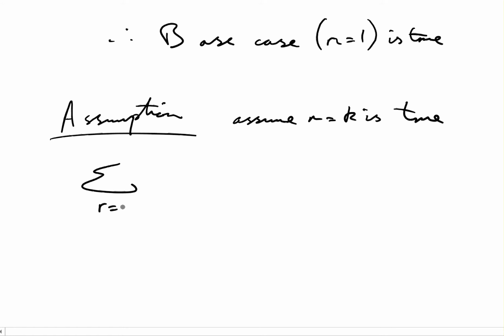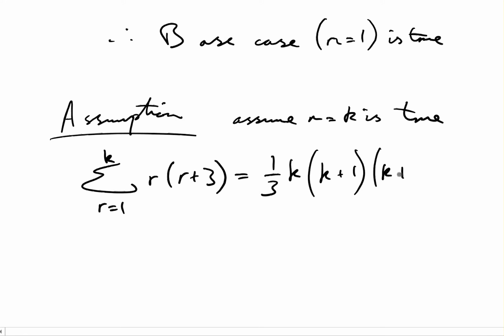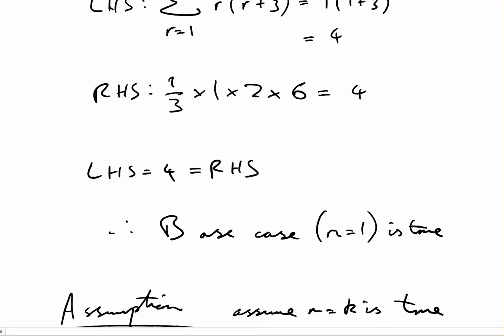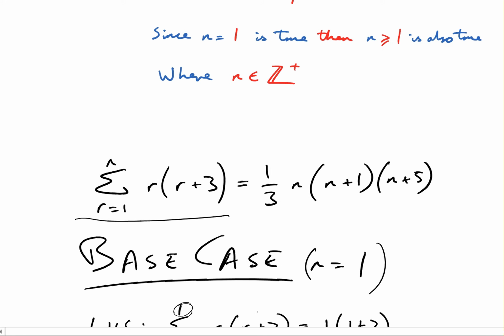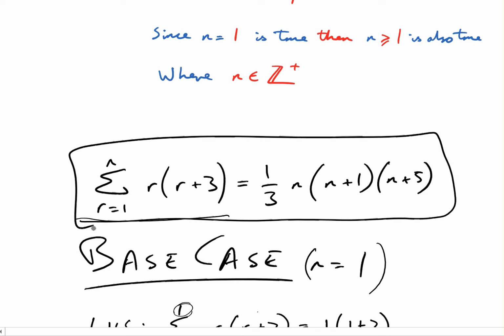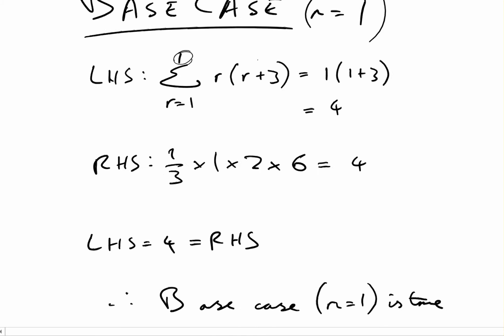So we've got the sum from r equals 1 to, there was an n here, so now we replace it with k, of r times (r plus 3). And that's going to equal a third, well we had an n, now it's a k, times (k plus 1), times (k plus 5). Okay, and all I've simply done is taken this thing which we had in the original question, and whenever I've seen an n, I've replaced it by k.